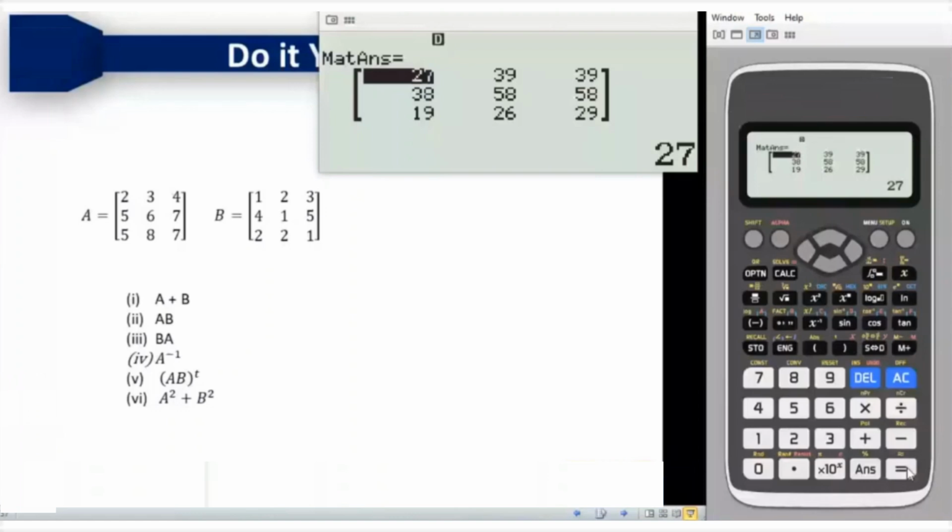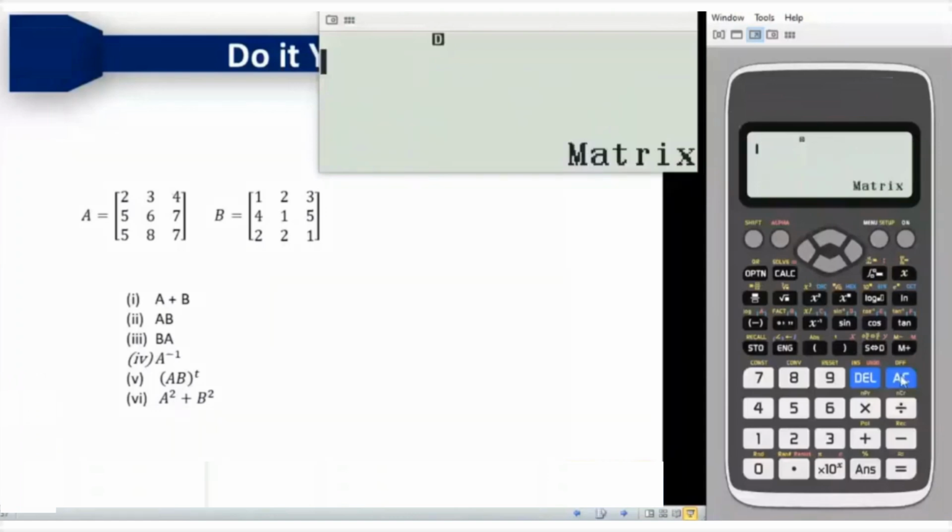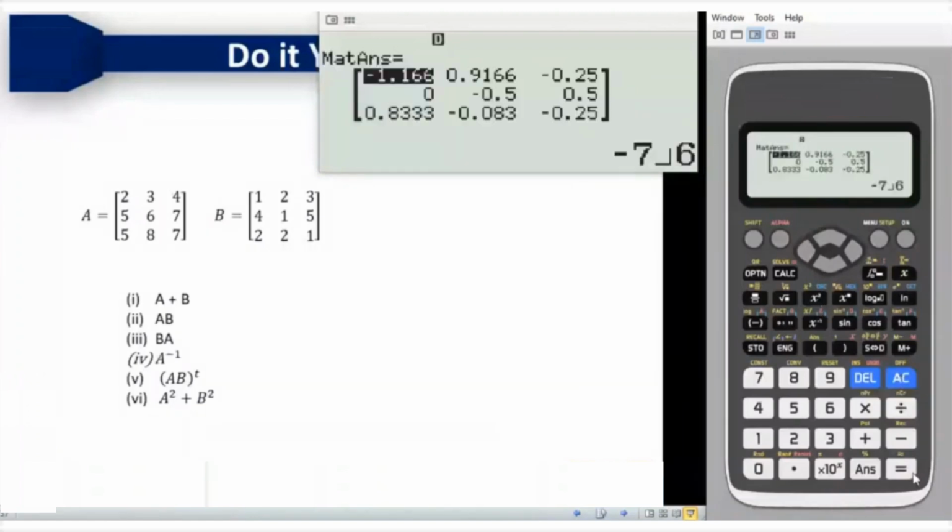You press option 3, press the inverse button and press equals to. So you have achieved the inverse, which is minus 7 upon 6, 11 upon 12, minus 1 upon 4, 0, minus half, half, 5 upon 6, minus 1 upon 12, and minus 1 upon 4.